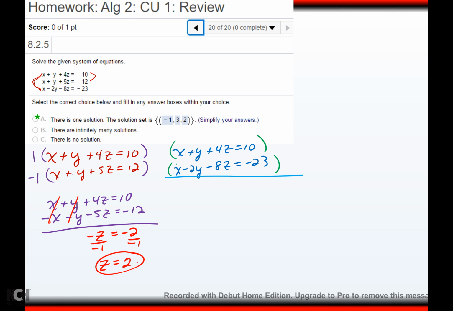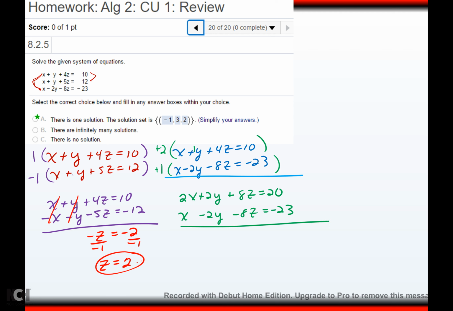So if I'm doing y's, negative 2 goes up, positive 1 comes down. They came out different, so I need to make them the same. So on top I'd have 2x plus 2y plus 8z equals 20, and on bottom I'd have x minus 2y minus 8z equals negative 23.